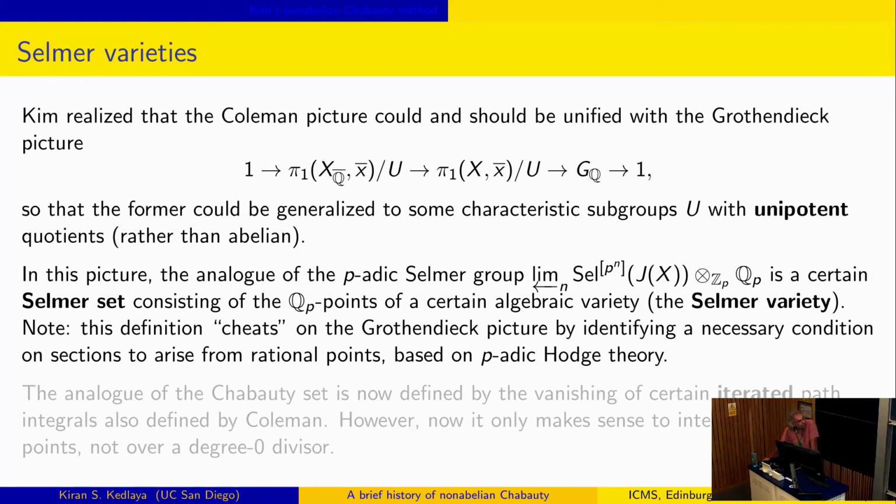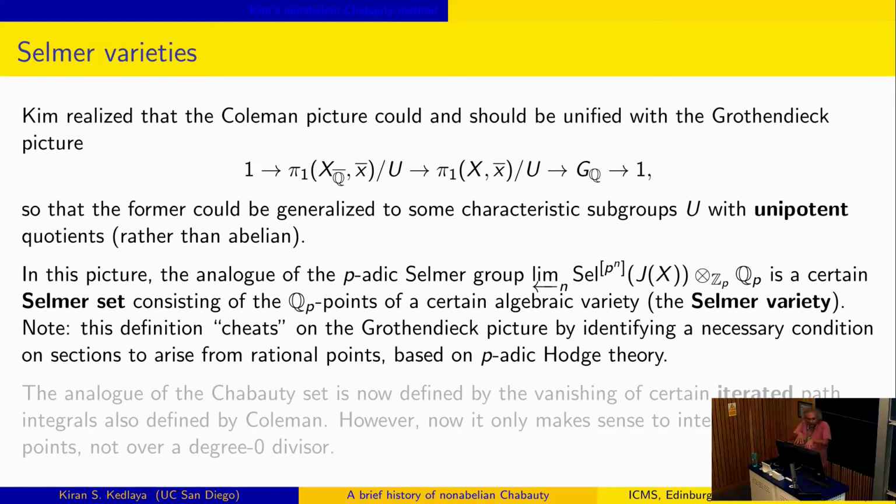What we'll want to do for Chabauty-Kim is to make it the kernel of the maximal quotient which is pro-p and maybe 2-step unipotent or 3-step unipotent or m-step unipotent for some m. And then when you do that, the analog of the Selmer group, if you tensor over Z_p with Q_p, gives you the Q_p points on some variety. So it turns out to be something relatively easy to describe.